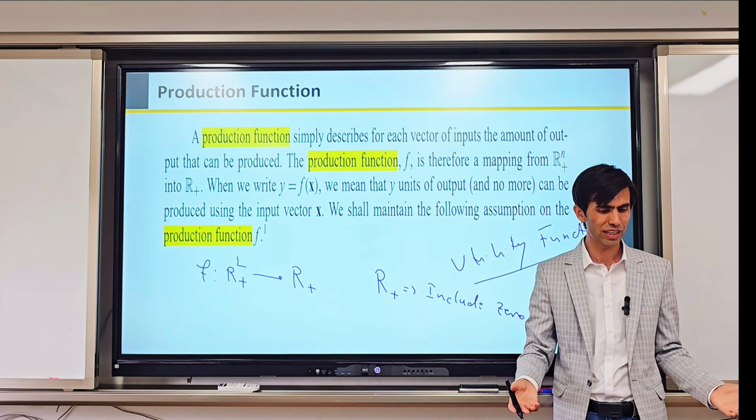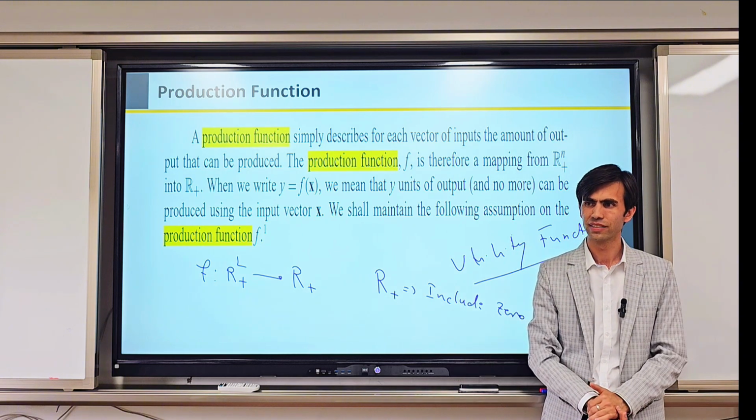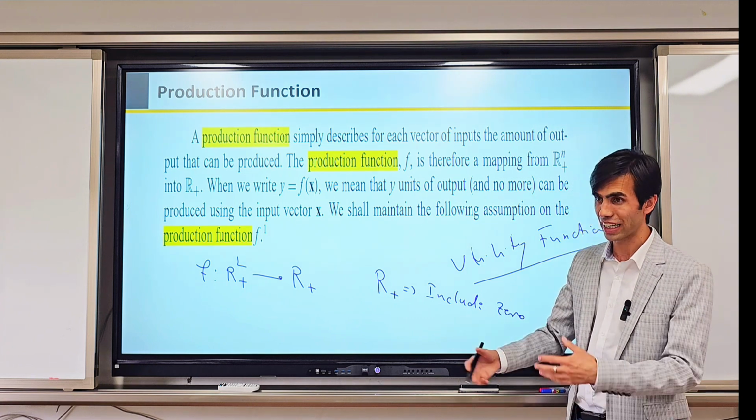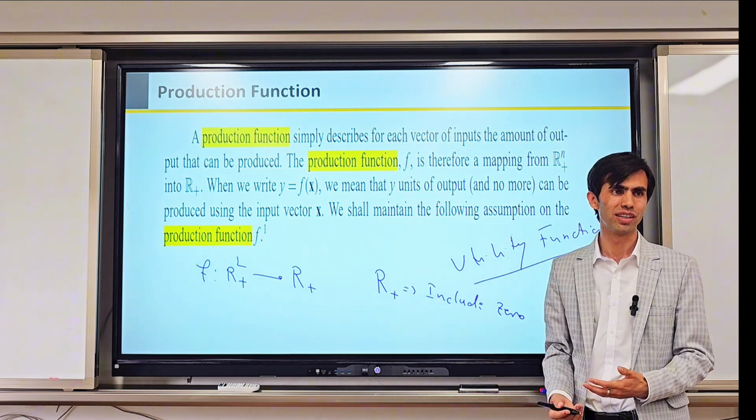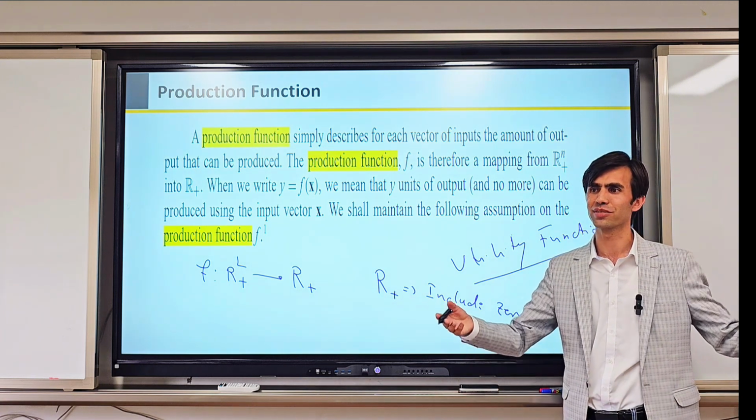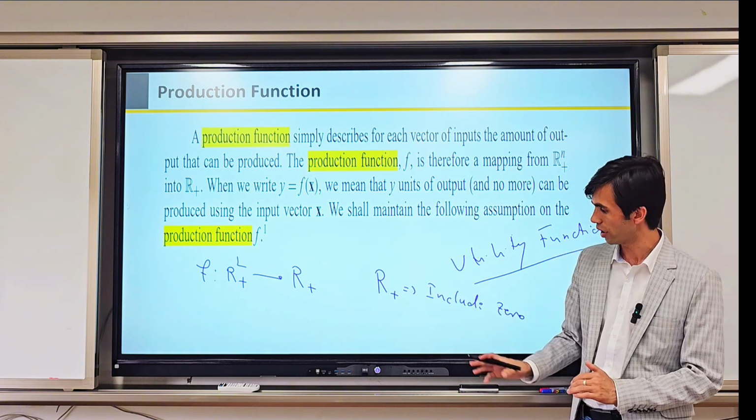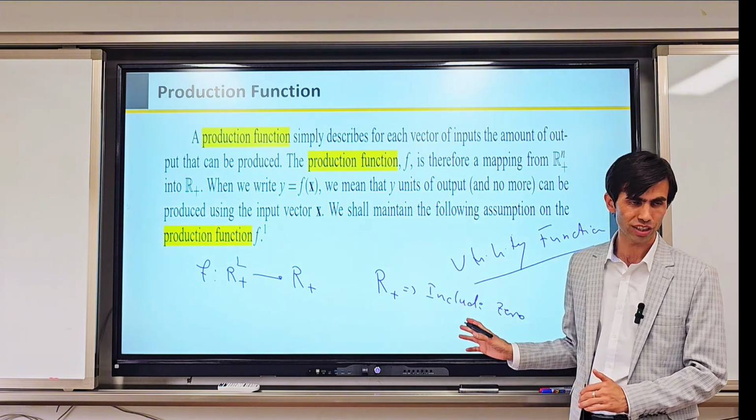For example, someday we decide to produce nothing. And especially in the long run, it's possible. Sometimes we just take a risk and produce nothing. That's why 0 is included in our production function.